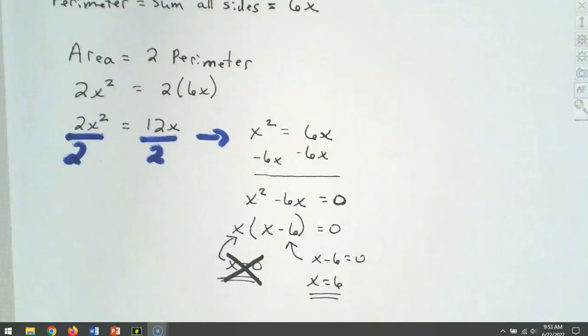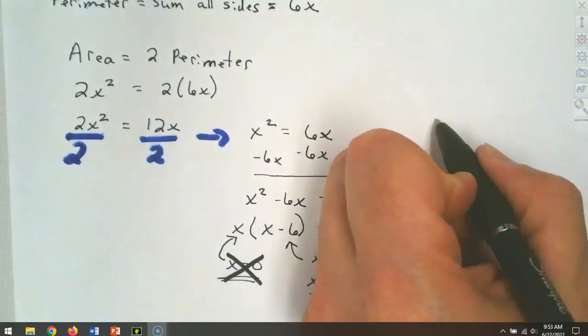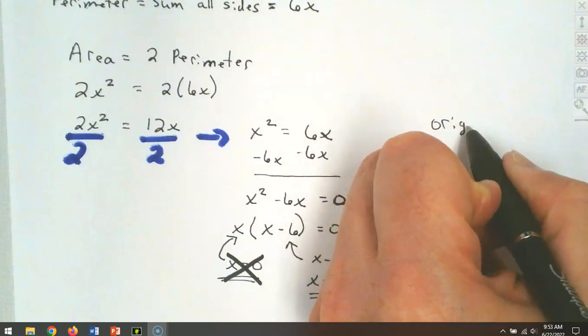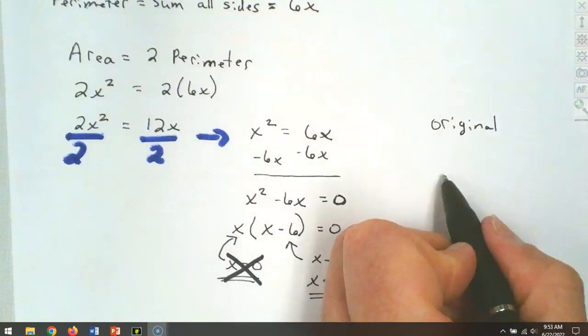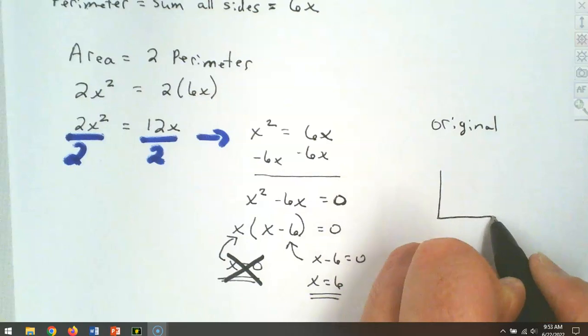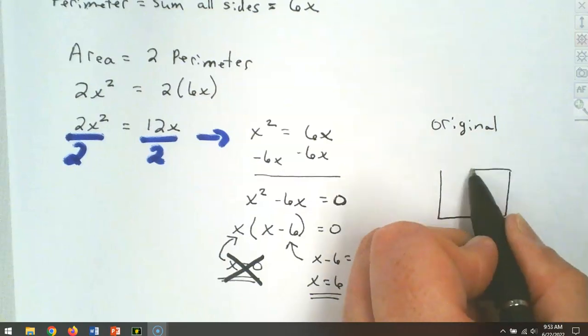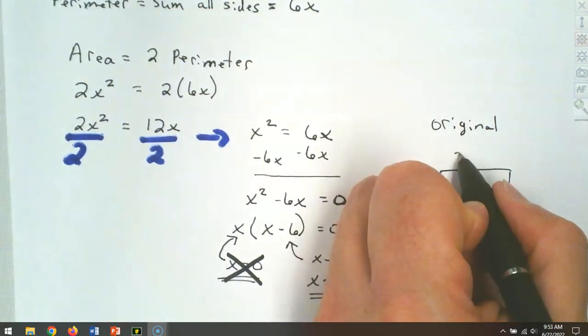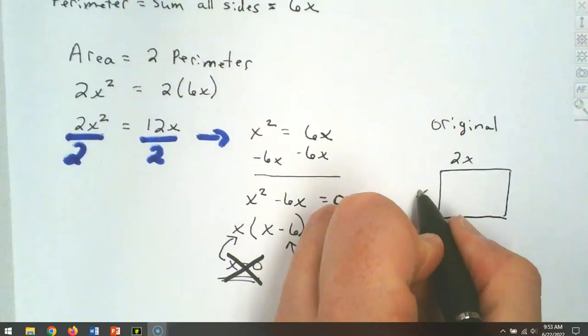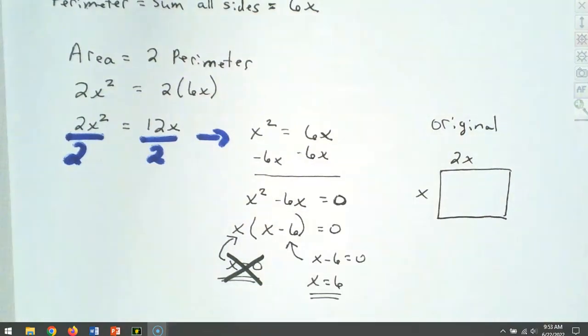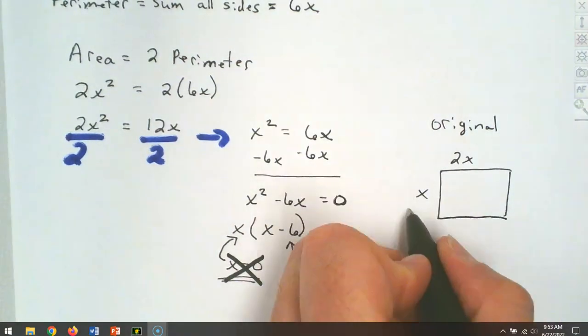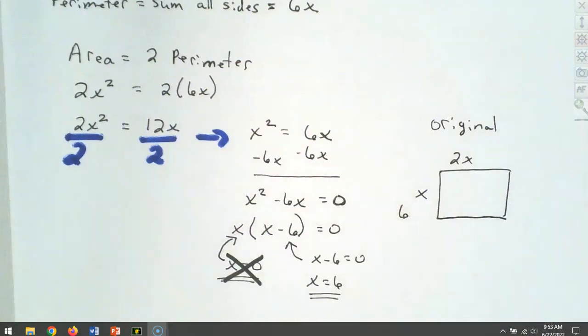Now what we need to find is the dimensions of the original. And the original, when we go back and look, was 2x by x. So we know now the 6 goes here, so my width is going to be 6. And does it give us a dimension here?